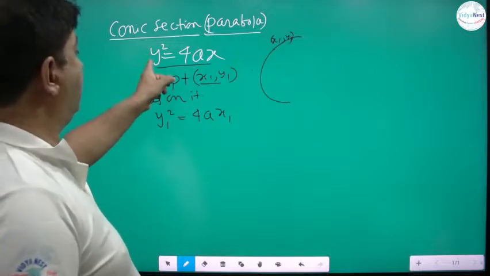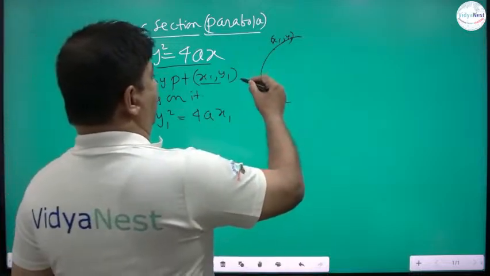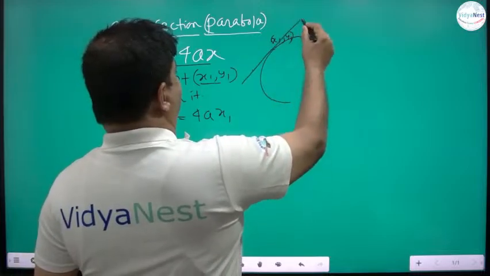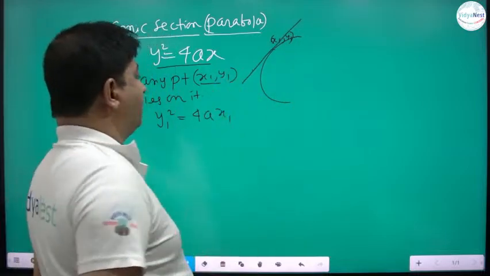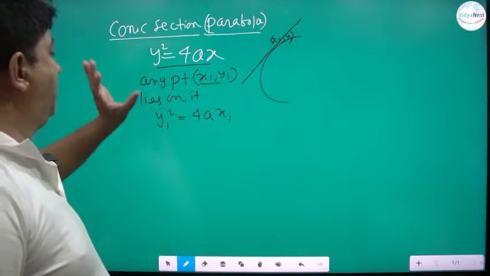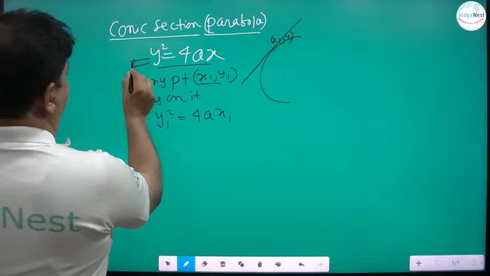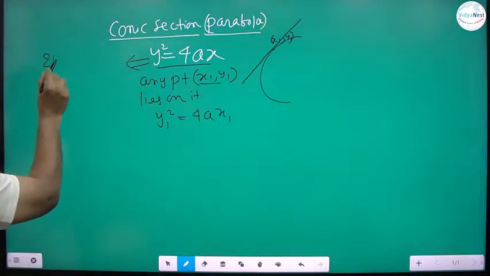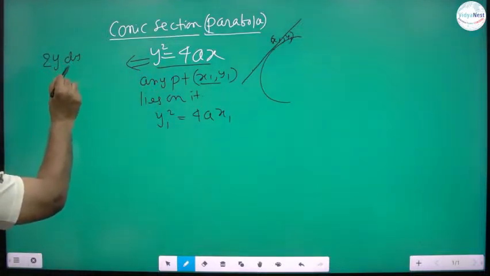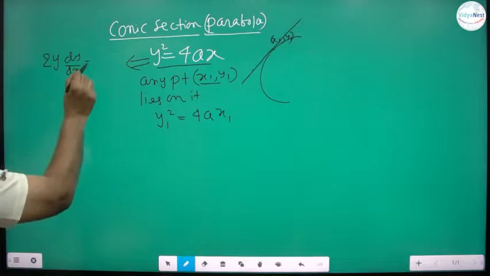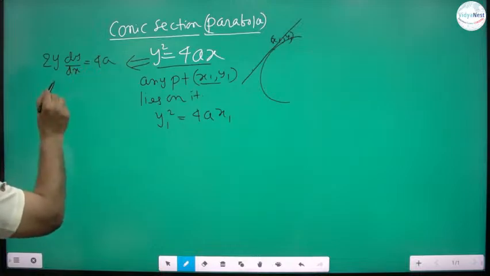Now, how to find the slope of the tangent? Last day we got. We can get the slope of the tangent by differentiating. You differentiate y squared equals 4ax: 2y dy/dx is equal to 4a.